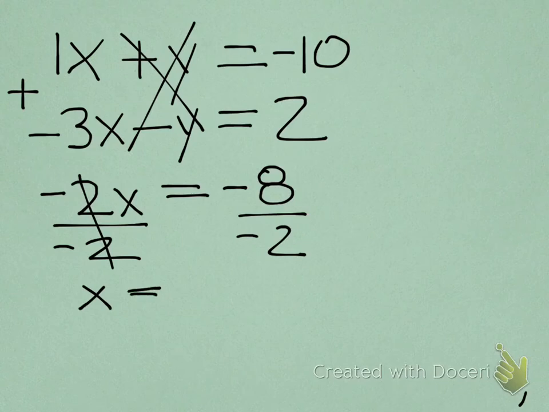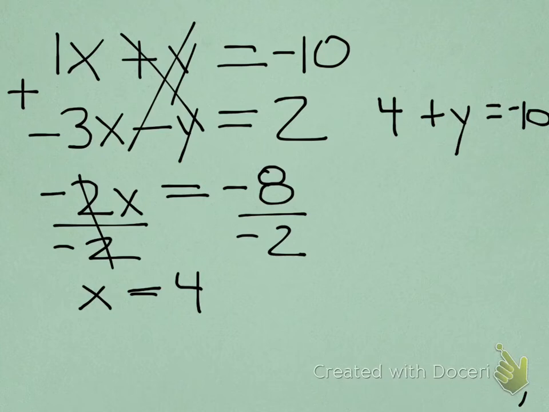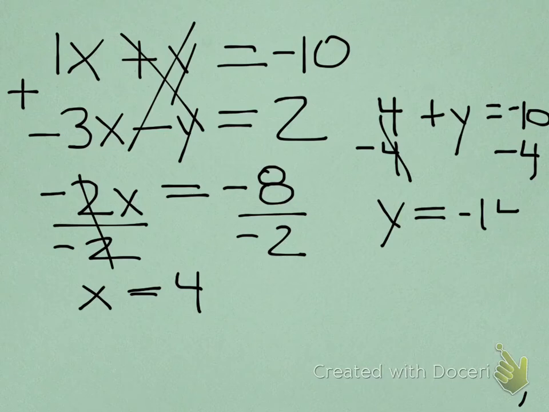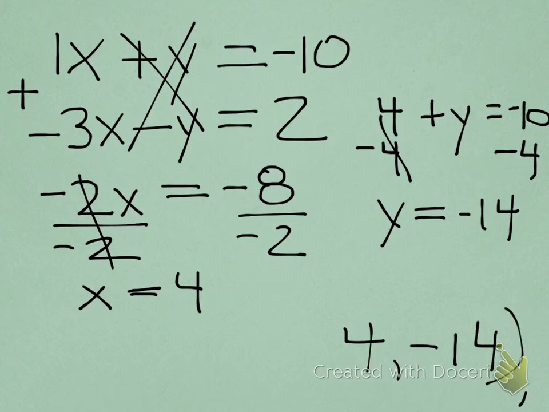So x would be +4, and then I plug that into either equation. Let's choose the first one. So 4 plus y equals -10. So y would be -14. So my answer would be 4, -14.